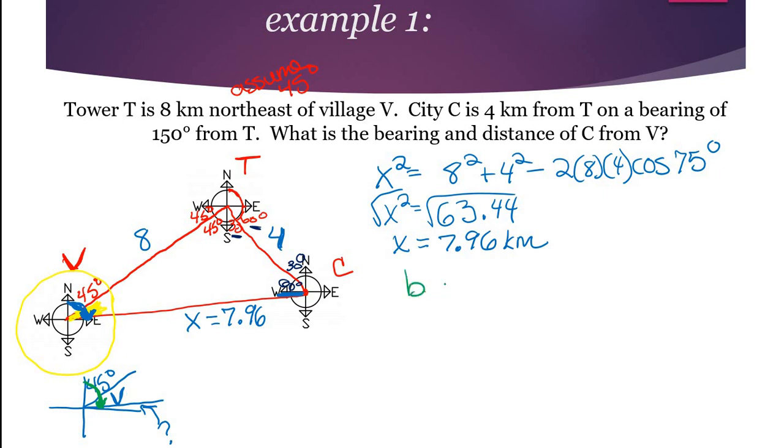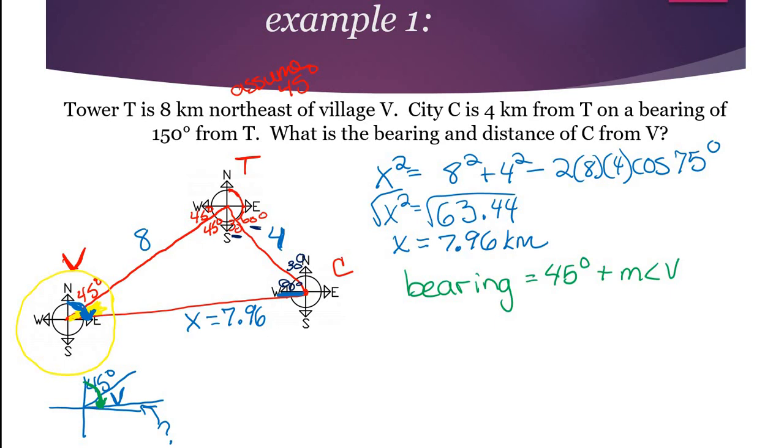So the bearing is going to equal 45, because we know that's what's from north to the line going to T, plus the angle V. So the measure of angle V.